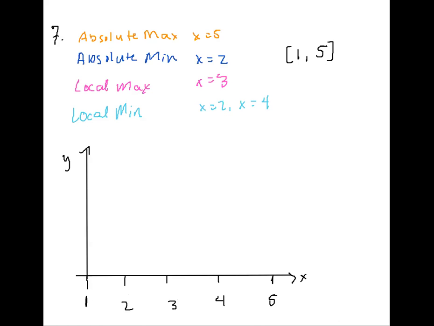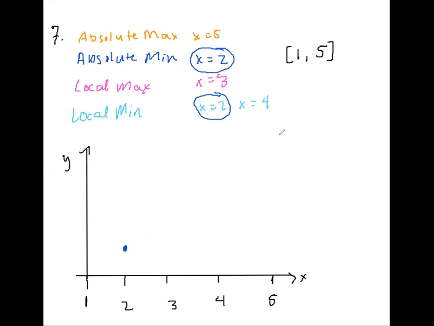Well, that's actually the absolute minimum, right? So it's the absolute minimum and the local minimum. So in this case, our absolute minimum is not going to be one of our endpoints. It's going to be here at 2. I'm just going to arbitrarily put this here. All we need to do is sketch a graph that does fulfill these properties, essentially.